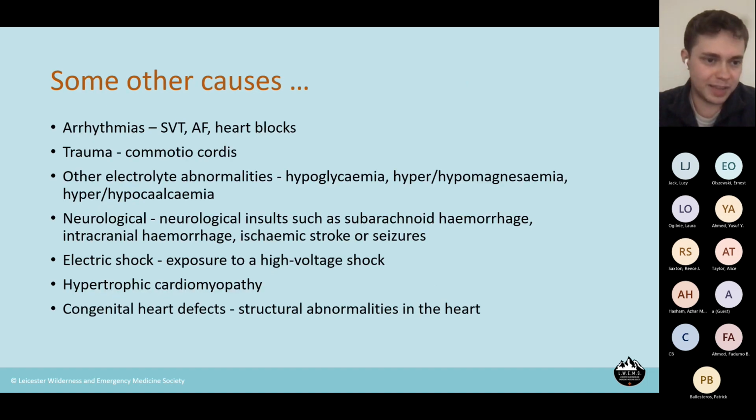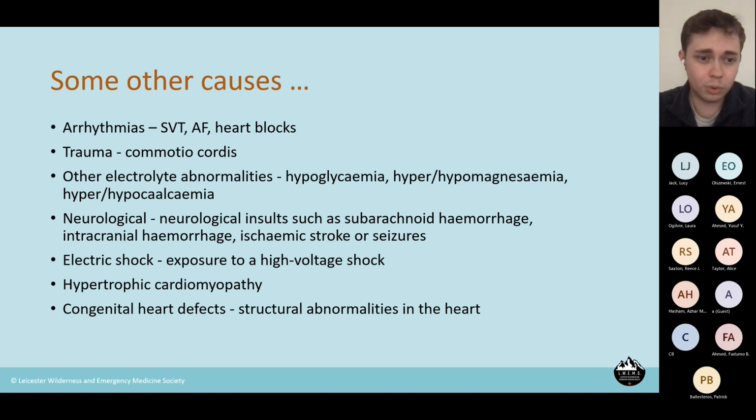The very last thing I was going to mention is that there are some other causes as well. So arrhythmias, things like SVT, AF, or different heart blocks, they can progress to a cardiac arrest rhythm. You can get traumatic blows to the chest, so those can lead to cardiac arrest, but without causing hypovolemia or tension pneumothorax or tamponade or any actual structural cardiac damage.